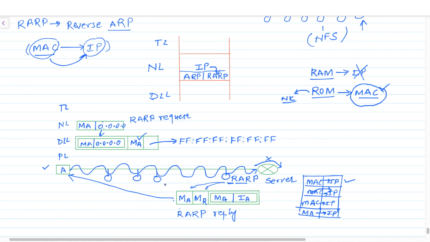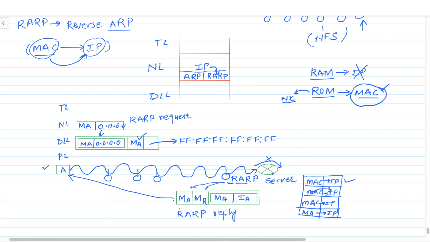So this is how RARP works. Always remember that nowadays RARP is not used. It's an obsolete technology. In the late 1980s it was in use, but today in order to get the IP address, BOOTP or DHCP are in use. So this is obsolete technology now.